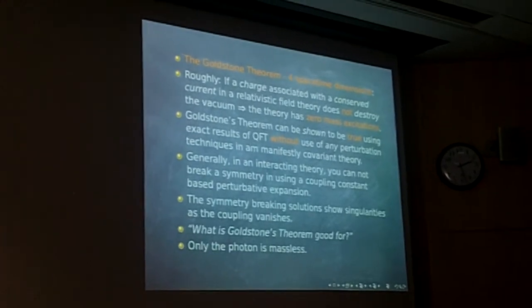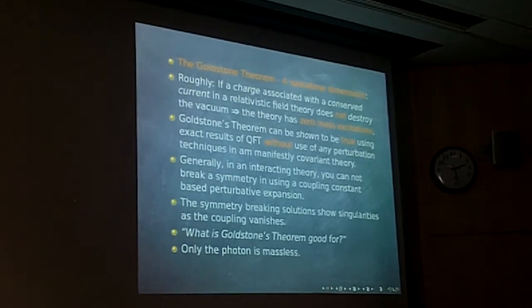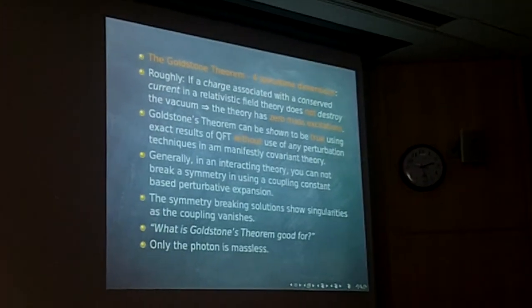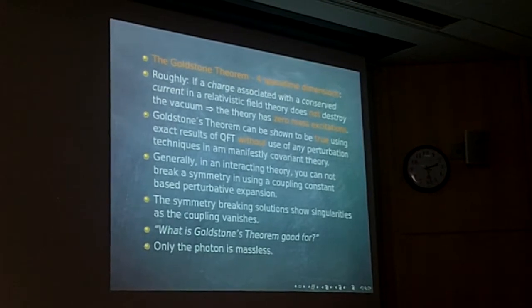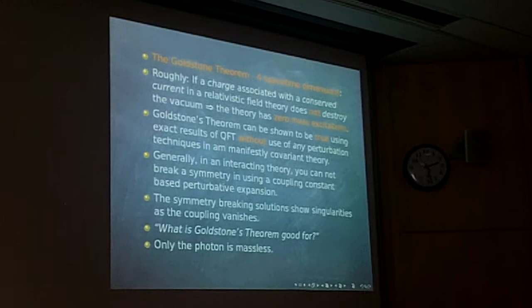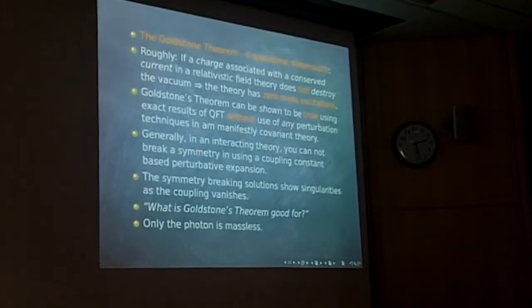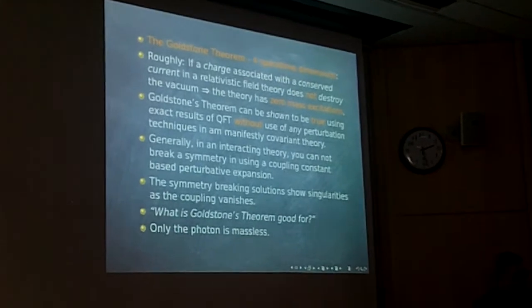You would normally expect that the expectation value of all the fields in that theory were vanishing, but you can force them to be non-vanishing, and then there is a thing called Goldstone's theorem that says if you break the symmetry in a relativistic theory, you're going to have a 0 mass particle.